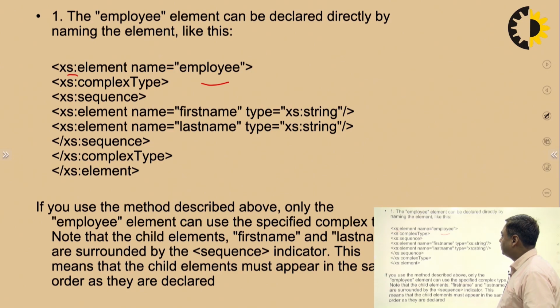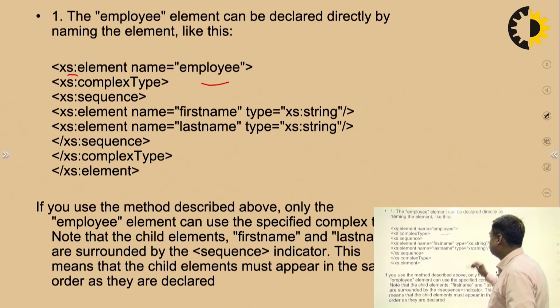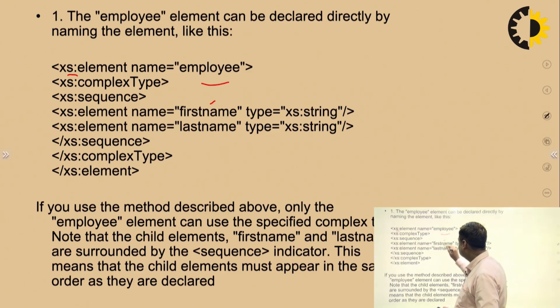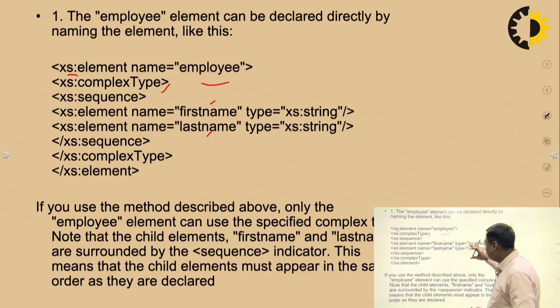It is a complex element because in this element we have defined two more elements, first name and last name. Employee is the complex type and it has two elements, first name and last name. Now, we want to ensure that when we define the first name and last name within the employee element, the first name element should come first, then the last name element should come second.